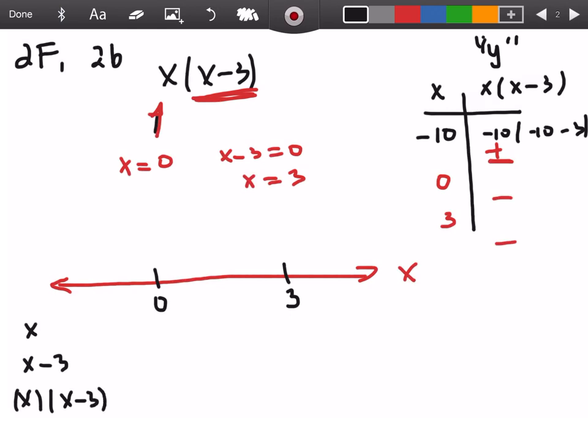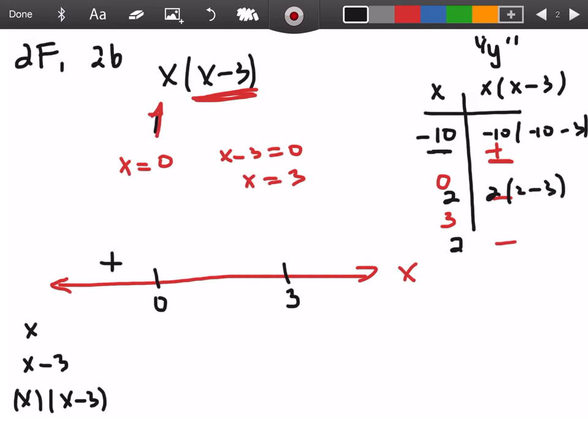We know when x is 0, it's 0. We know to the left, the function is positive. Like if we put in negative 10 and calculate it out, the final answer is going to be positive. Now, to the right, let's just pick any number. Let's pick 2, between the zeros. It's 2 times 2 minus 3.